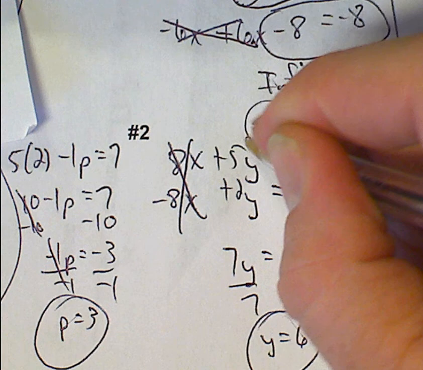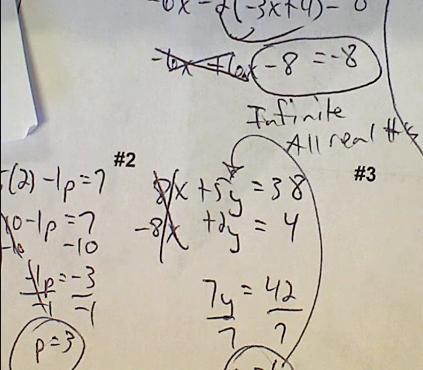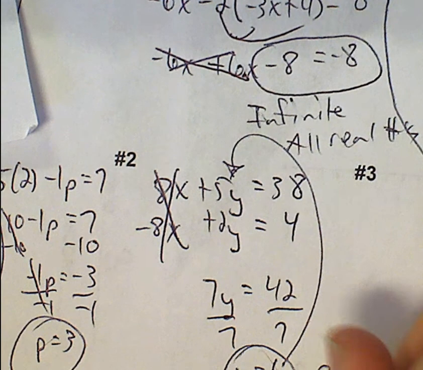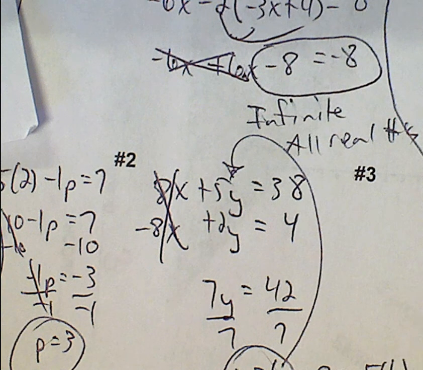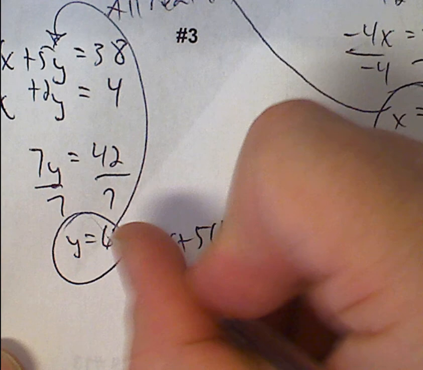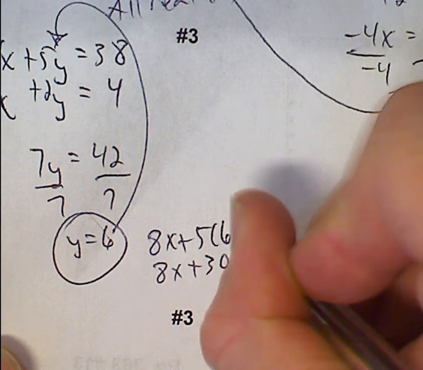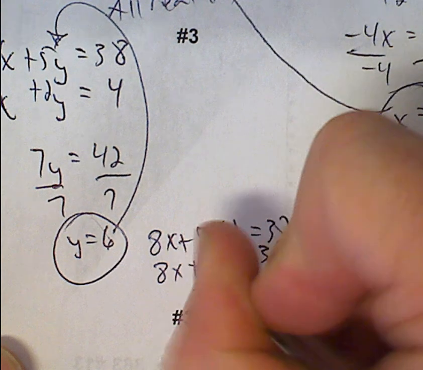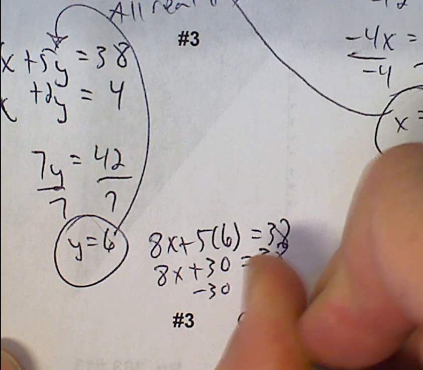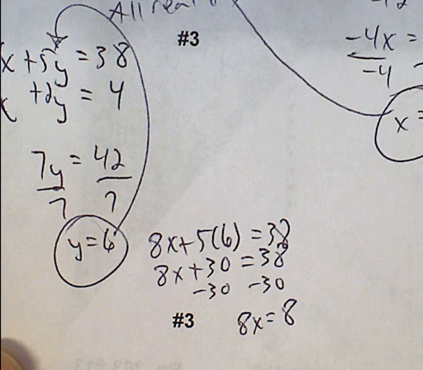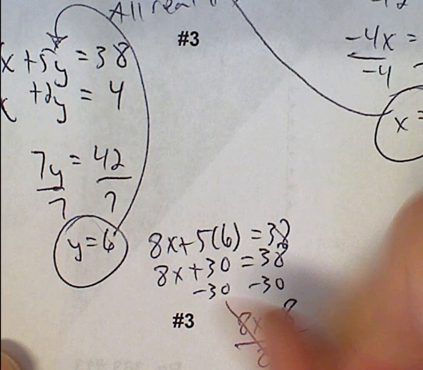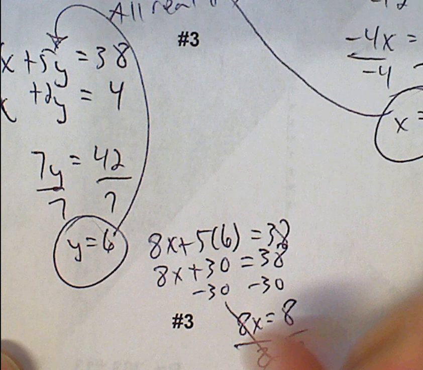I take my y and I plug in. 8x plus 5 times 6 equals 38. 8x plus 30 equals 38, minus 30. 8x equals 8. Divide by 8, x equals 1.